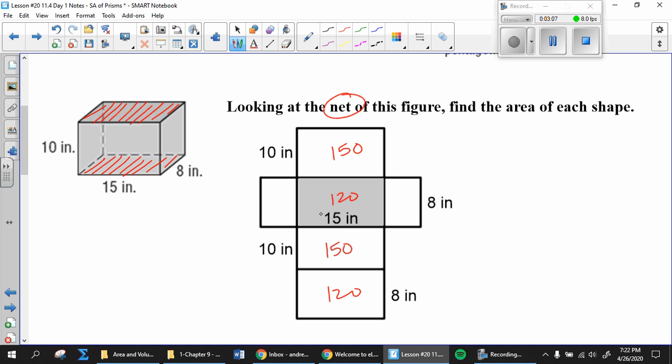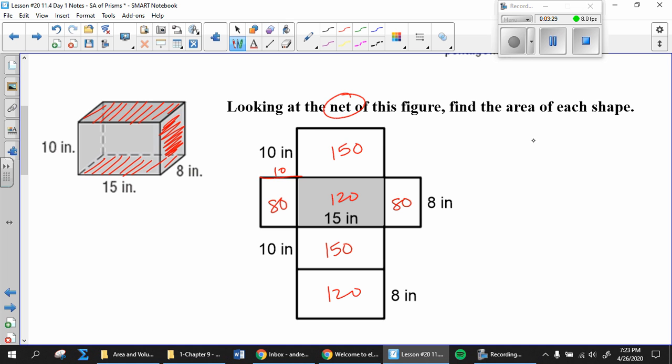This rectangle right here, we know that this side is 8. Okay, so then if we look at this side right here, this should be our 10. Okay, so really what we're looking at here is this piece over here, which is an 8 by 10. So this is going to be 80. This is going to be 80.